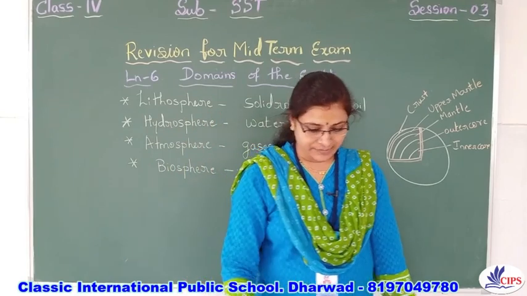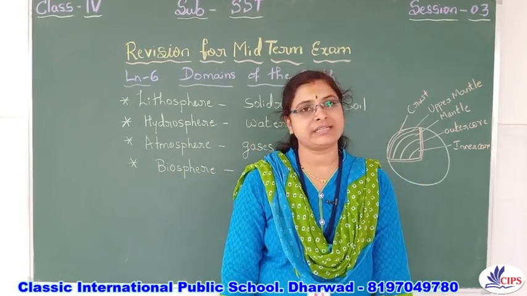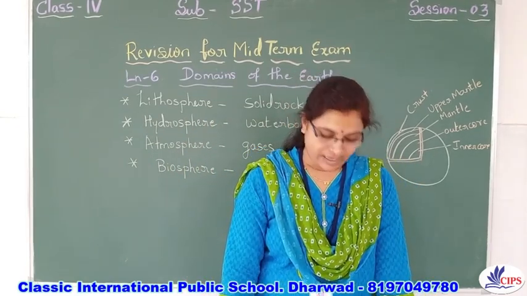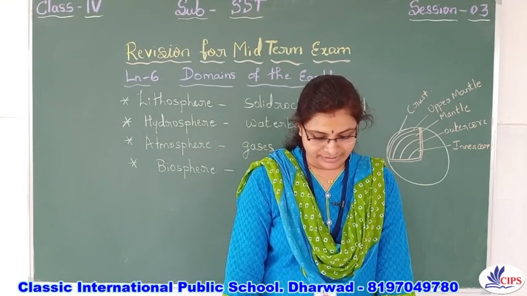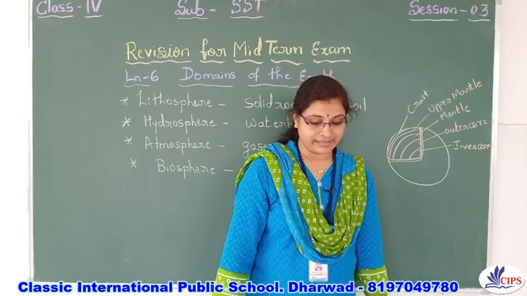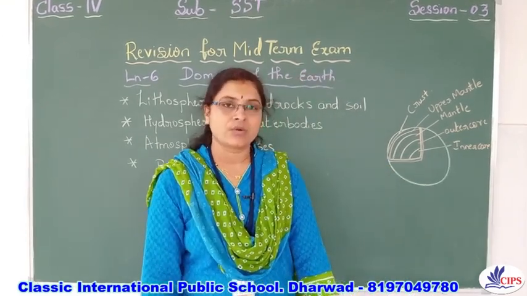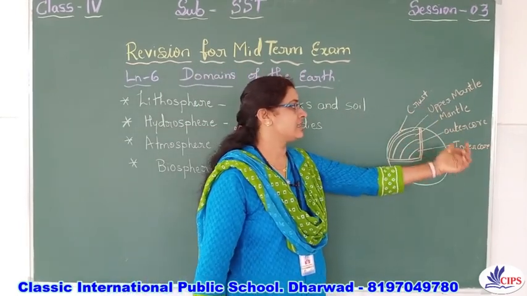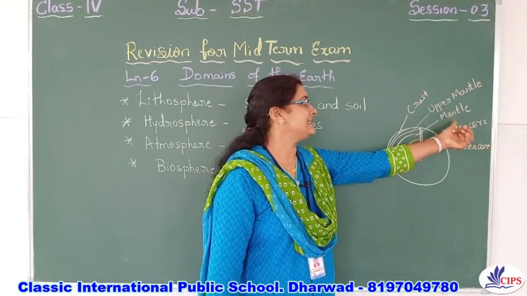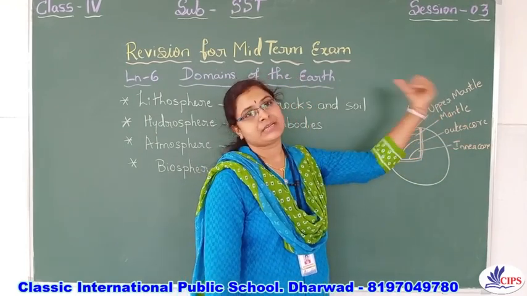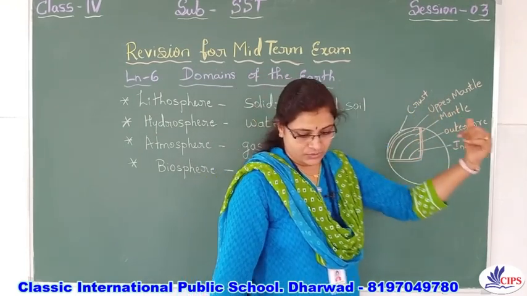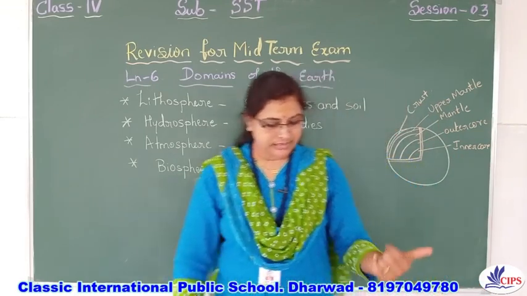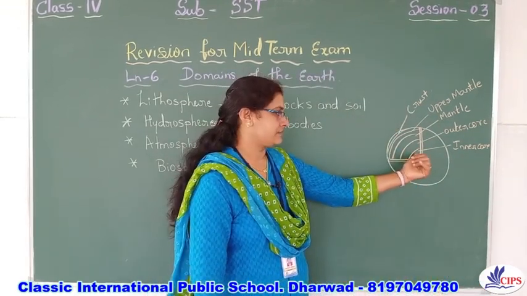Our planet earth is made up of a number of layers, which are the core, the mantle and the crust. Children, the core is the center part of the earth.